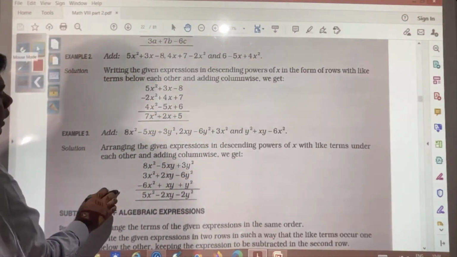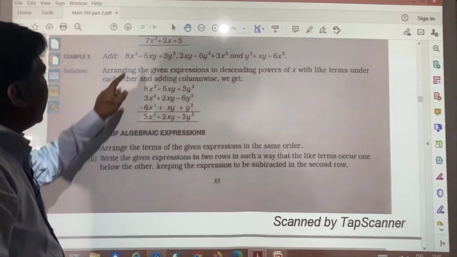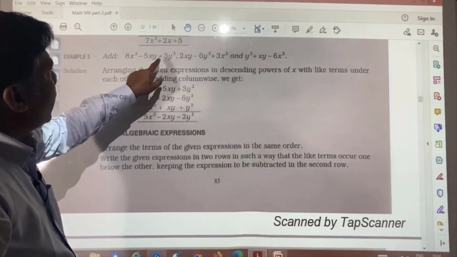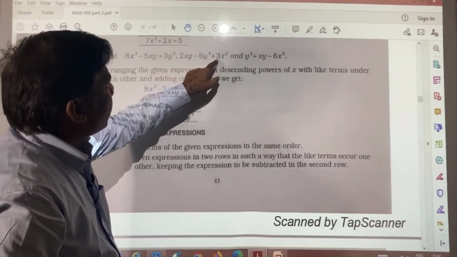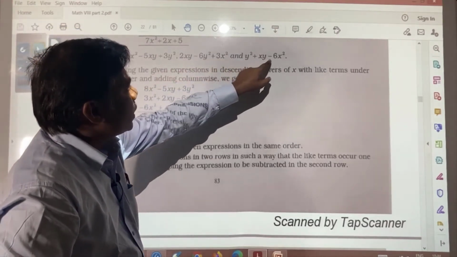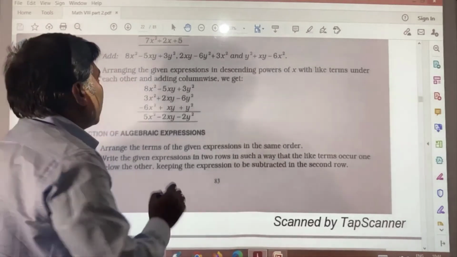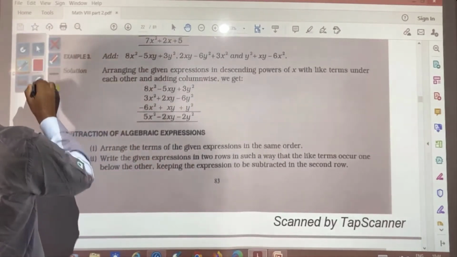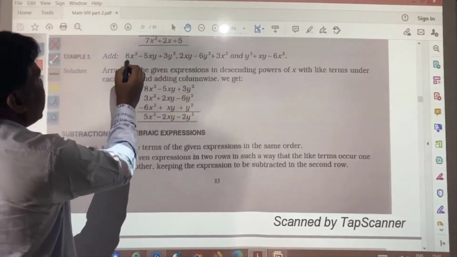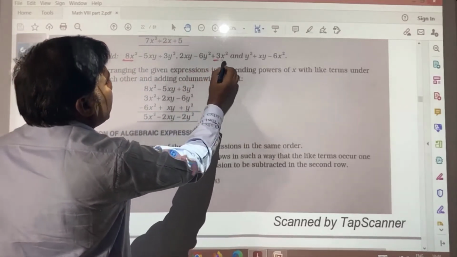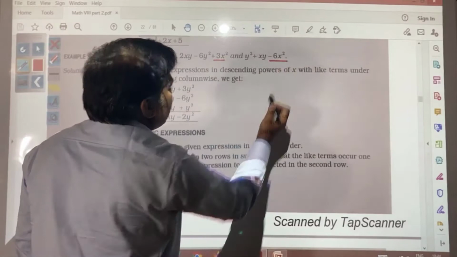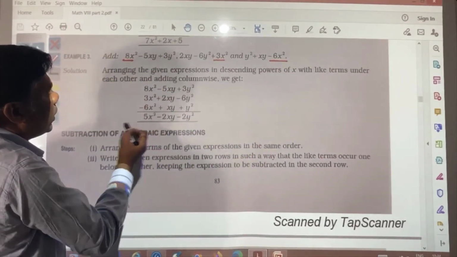Example 3 you see. 8x square minus 5xy plus 3y square, 2xy minus 6y square plus 3x square, and y square plus xy minus 6x square. Again, what is required to be done? You need to recognize like terms. 8x square, 3x square and minus 6x square has been written together.